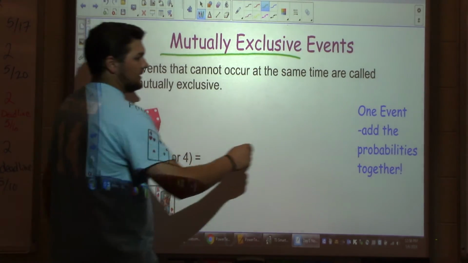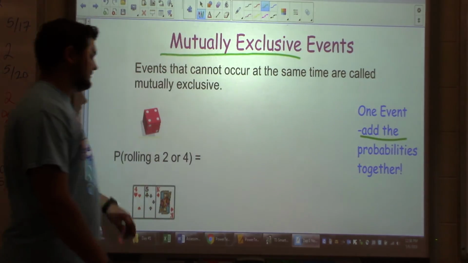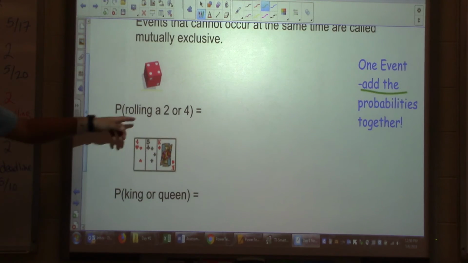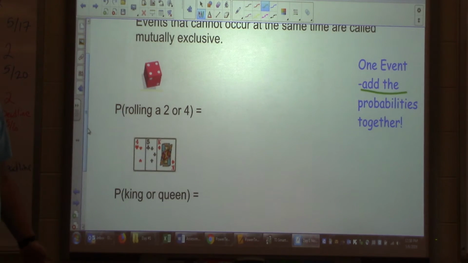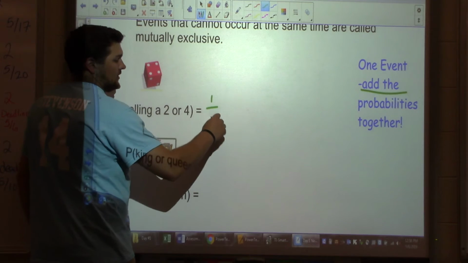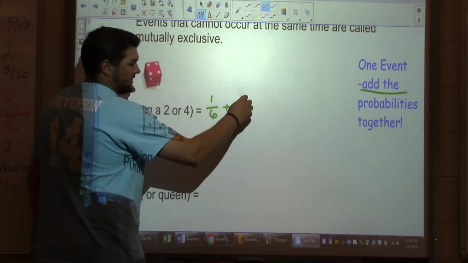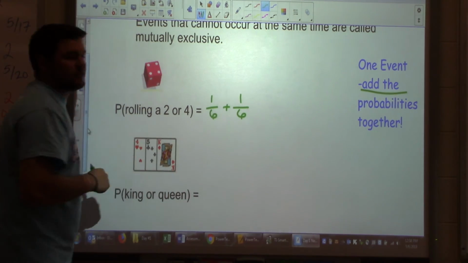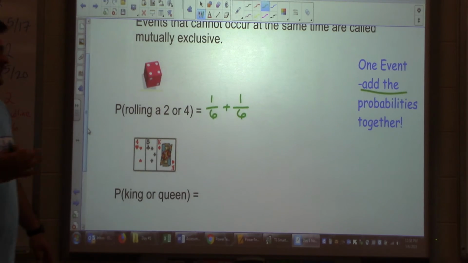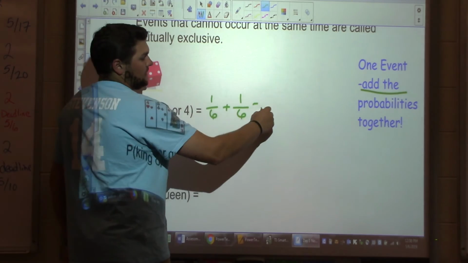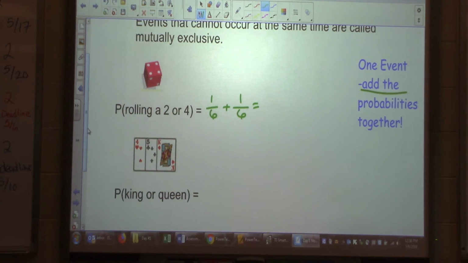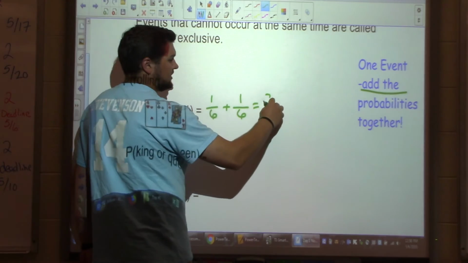Rolling a 2 would be 1/6. When you see OR, we add another 1/6 because the probability of rolling a 4 is 1/6. What do I get when I add 1/6 and 1/6? 1/3, because it is 2/6.